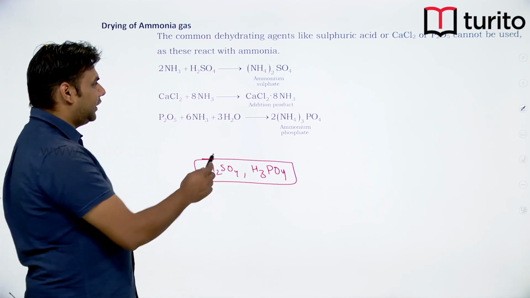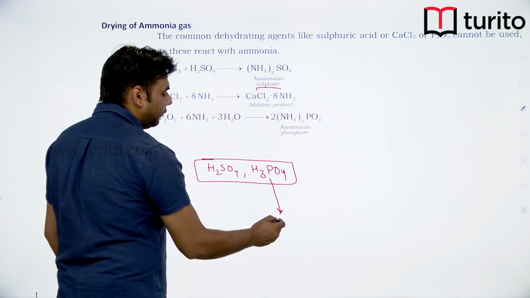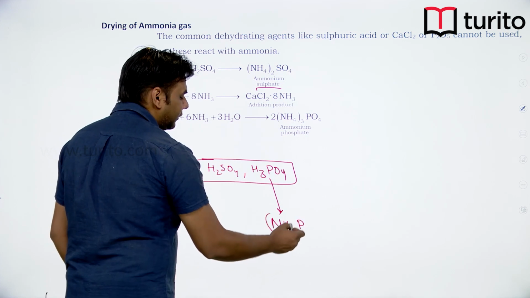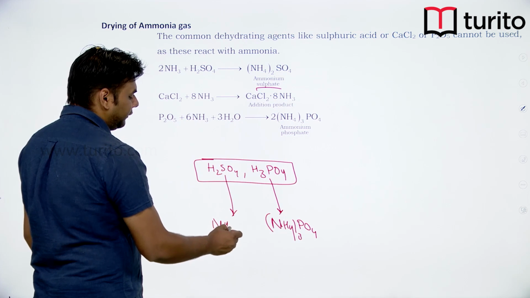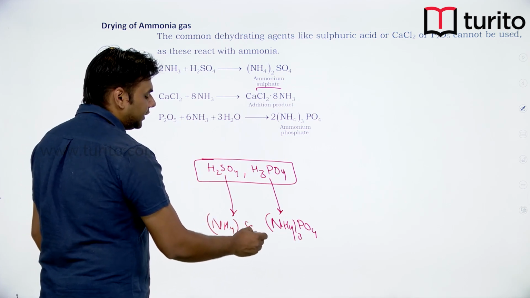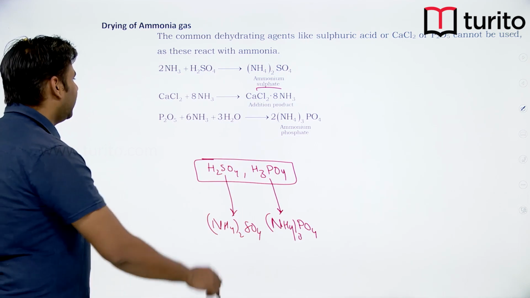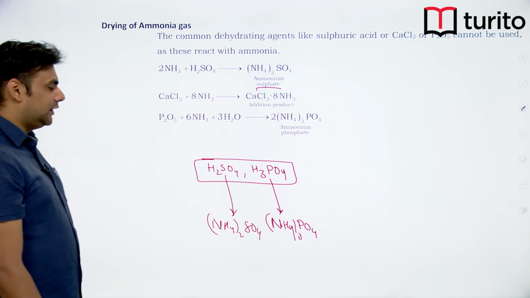Ammonia would react with H2SO4 and form ammonium sulfate. Similarly, it could react with H3PO4 and form ammonium phosphate. So this won't be a good drying agent because ammonia is getting consumed. So H2SO4 and H3PO4 cannot be taken as a drying agent in this case.